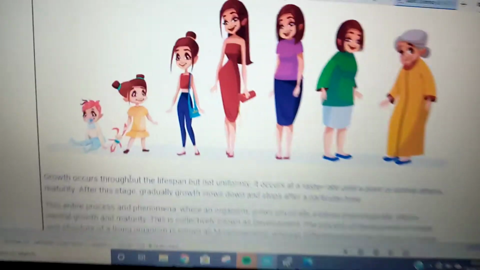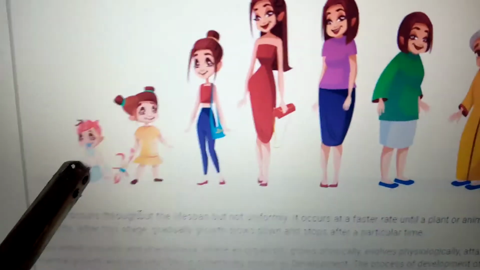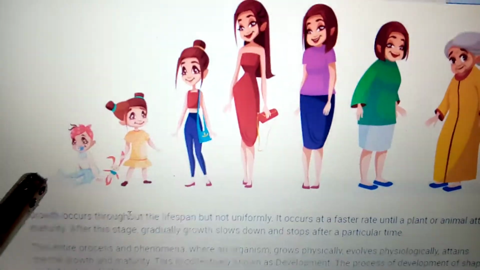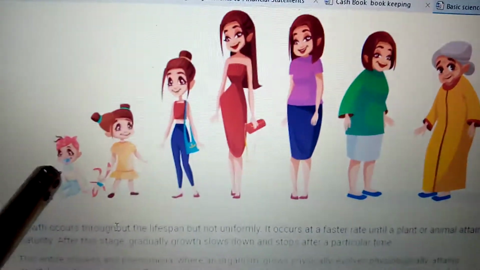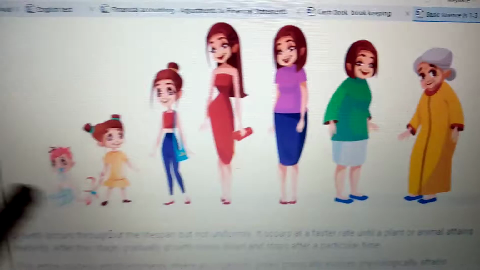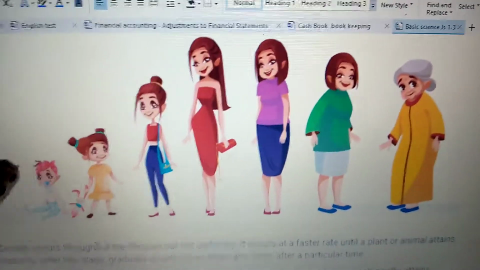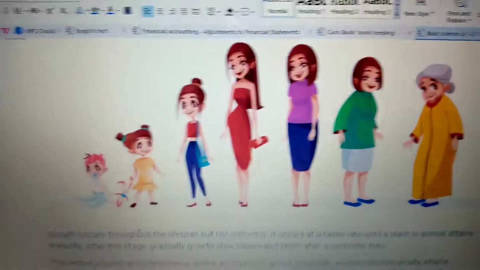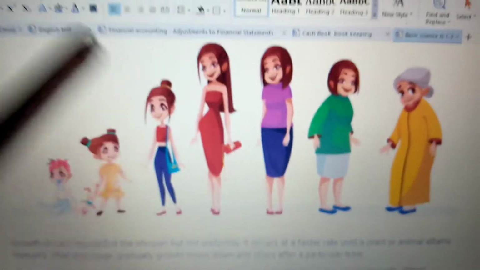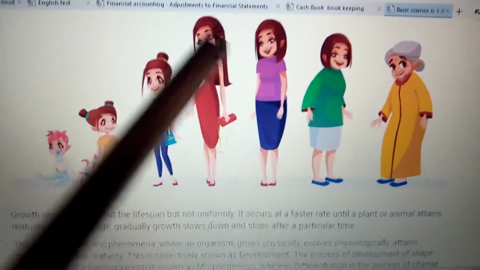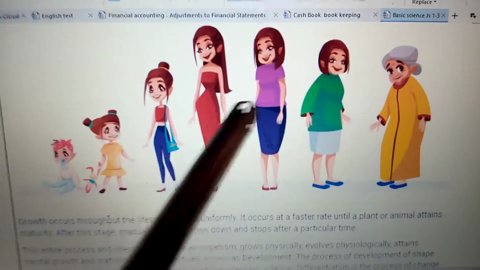Look at this picture. You have it in your note. When a child is born, it will be very small. As it grows up, it becomes a toddler, crawling all around, becomes a little bigger, will run here and there, becomes a teenager, and becomes an adult, mature, old.